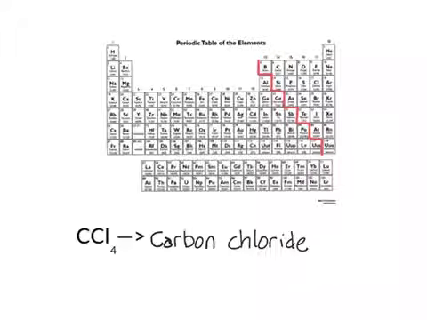This follows the prefix that we talked about before, which was mono stands for 1. So mono is 1. Di stands for 2.